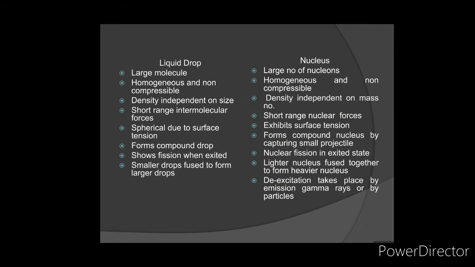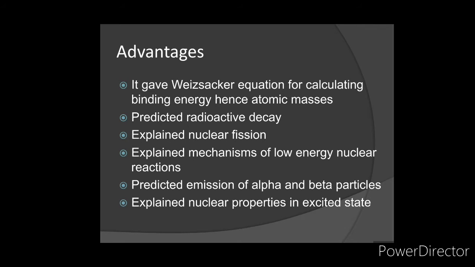Lighter nuclei also fuse together to form a heavier nucleus, and this is nothing but the nuclear fusion reaction. An excited liquid drop may de-excite by cooling or evaporation. In the same way, the excited compound nucleus may de-excite by the emission of gamma rays, beta particles, or alpha particles.